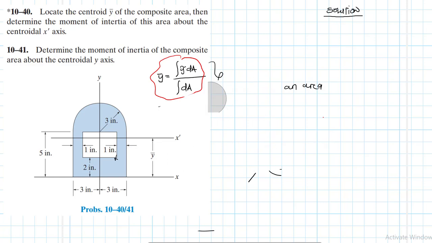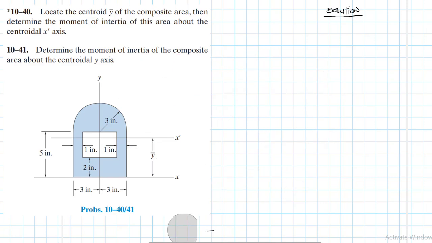Great. So this is a composite body, like I said, and we have a hole. We see this square hole here. So we also consider it as a shape, but we'll give it a negative area. For finding the centroid we give it negative area, and for finding the moment of inertia we are going to give it negative moment of inertia to say we need to subtract it.